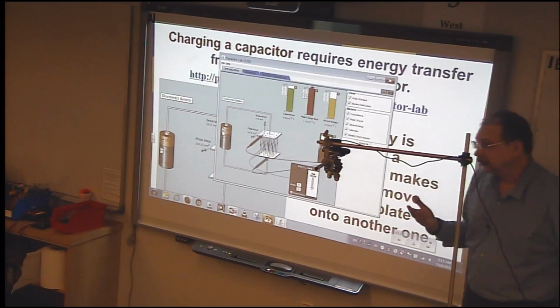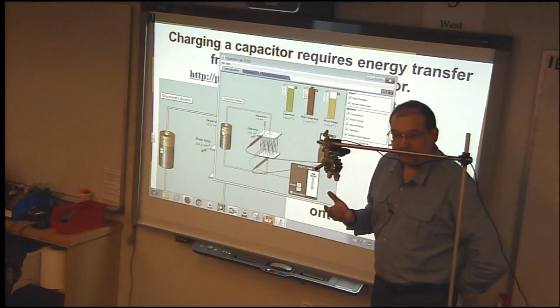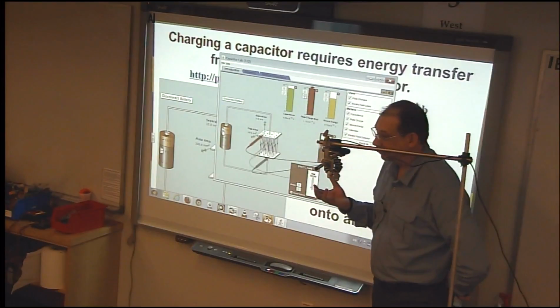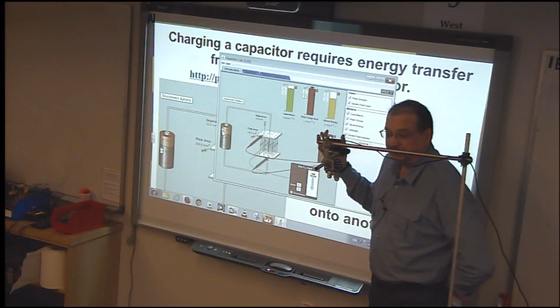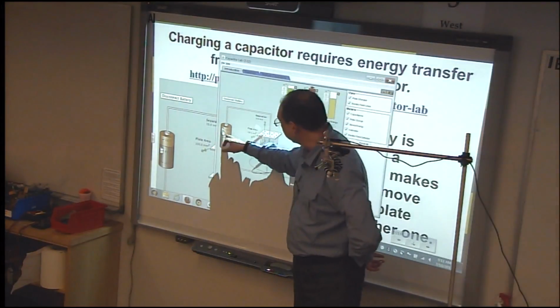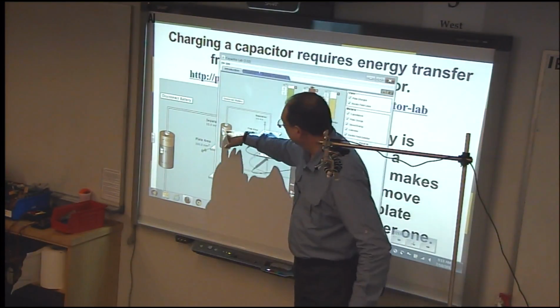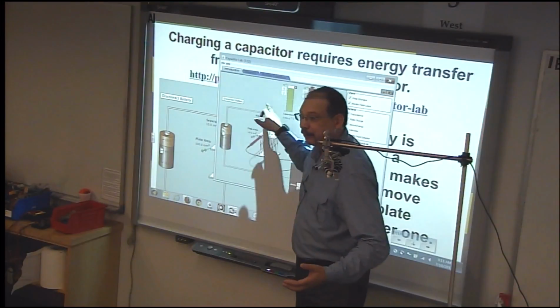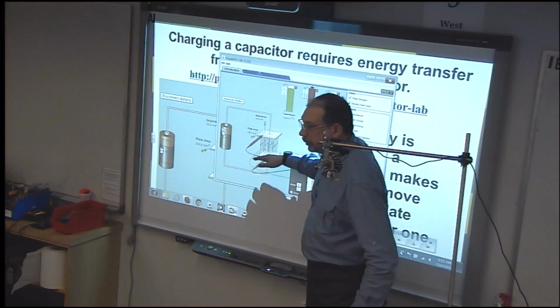Well, it's very important to understand that a battery doesn't create any charge. It acts like a pump. So right now here, this battery generates an electric field, which is actually inside the wires and also between the plates.